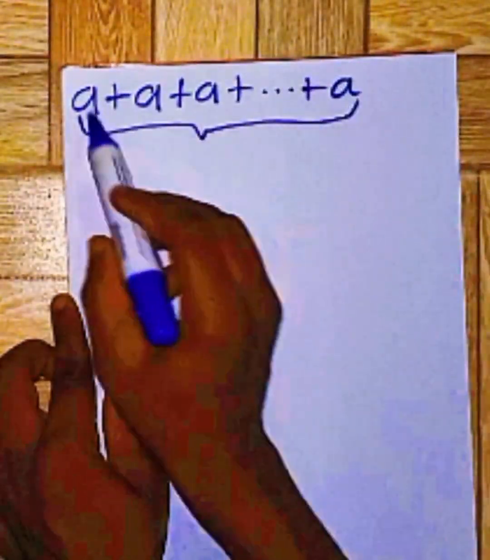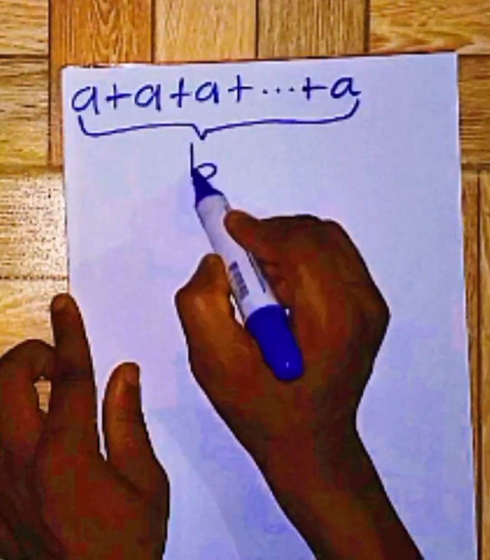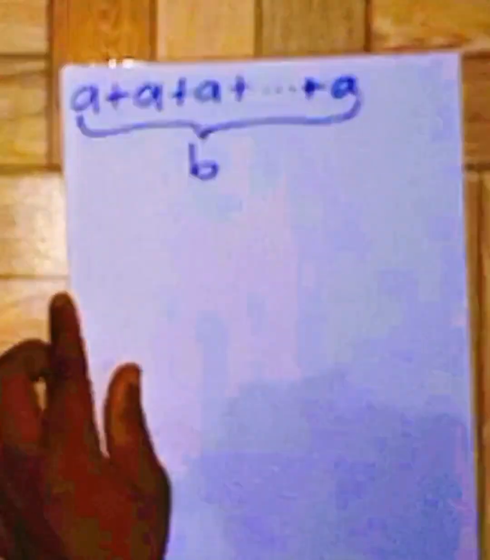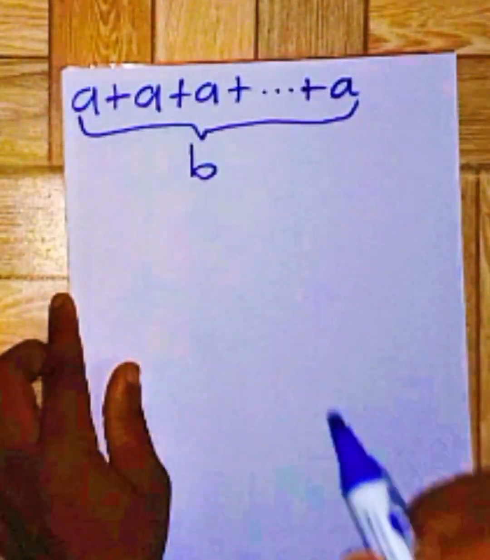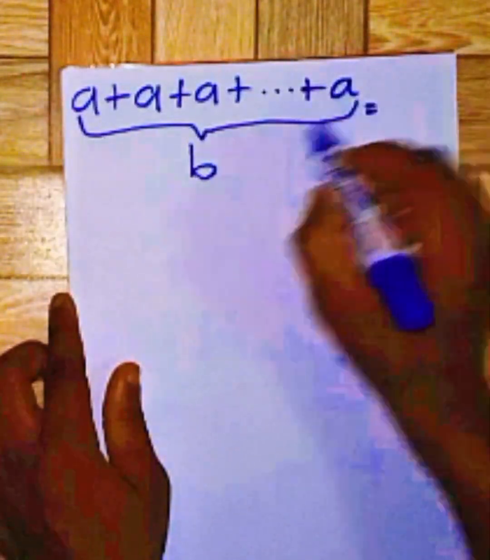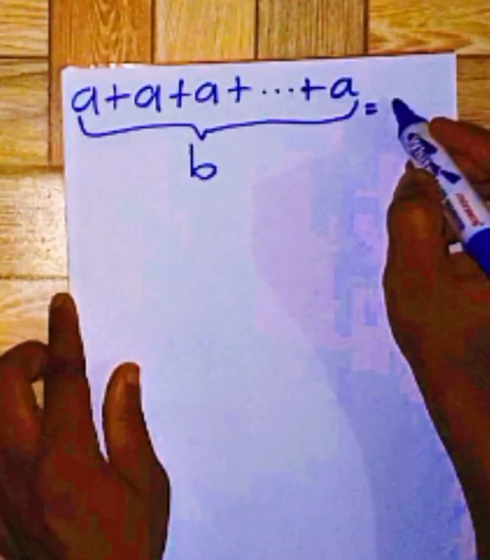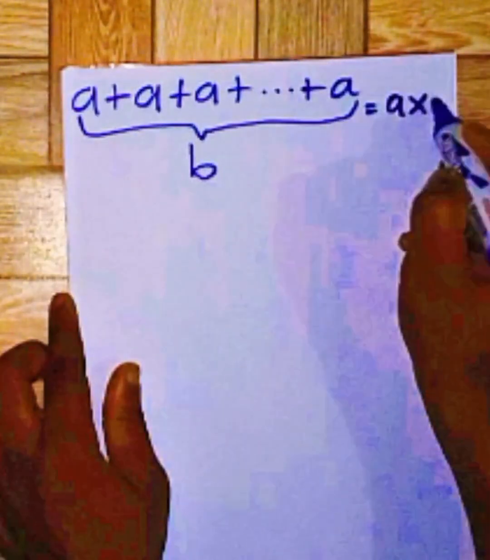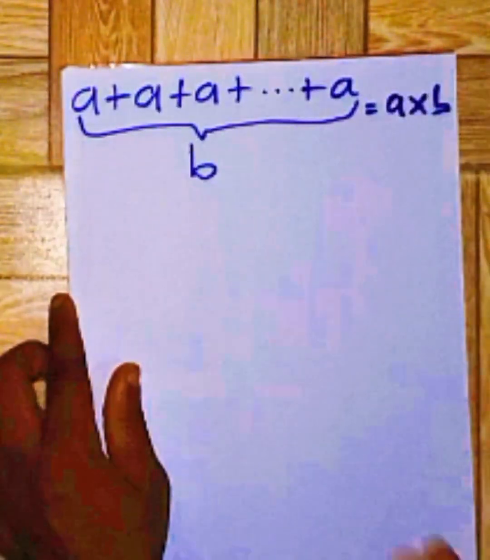Okay, but you counted each one of them and you found out that there were b of them. So multiplication simplifies the process for us by saying that simply count how many of the a's are there and say a cross b, where this operation is actually multiplication.